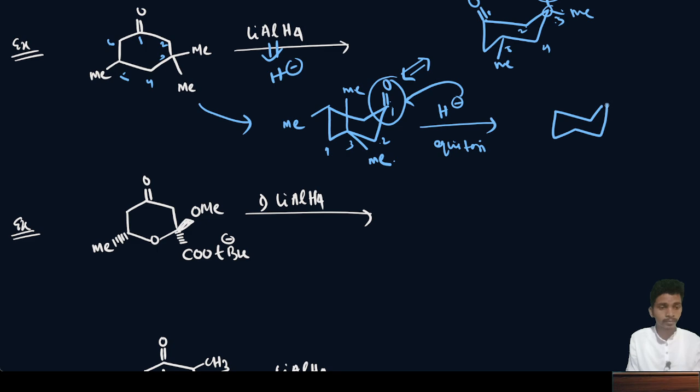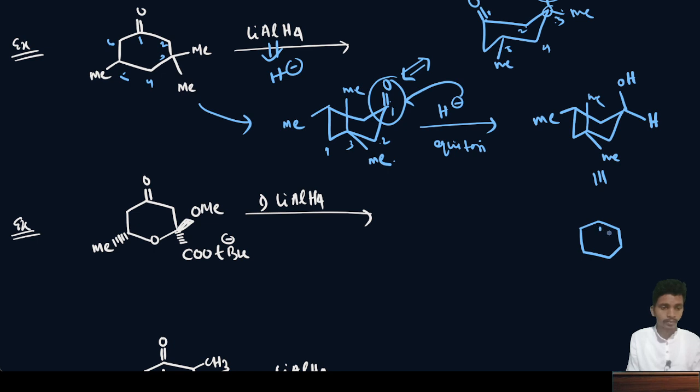So this becomes O minus. After hydrolysis, it becomes OH, and we have the equatorial attack of H here. At position 3 here we have one axial methyl and one equatorial methyl, and at 5 here also we have a methyl. Now change this into a cyclohexane form.